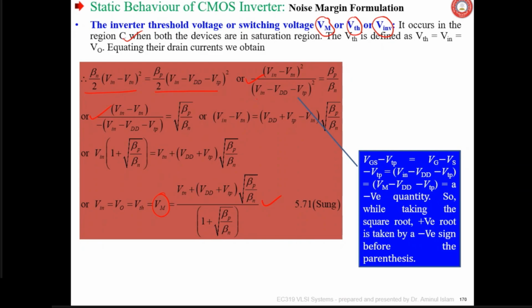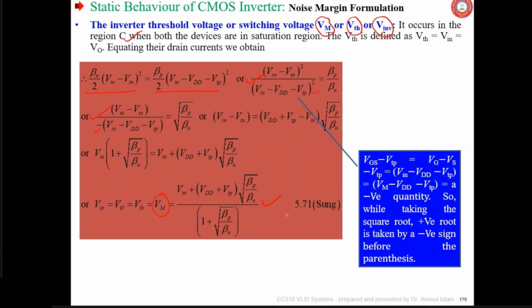Yes, sir. But here, why is the minus sign there? Where? Here, in the denominator, we have Vin minus Vdd minus Vtp whole square, right? And we are taking the square root of this equation. We are putting minus 1.